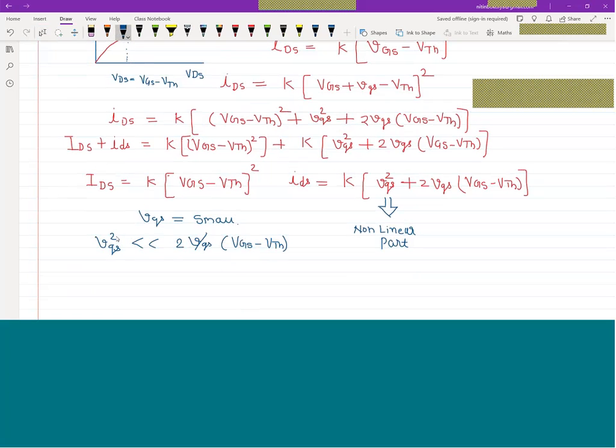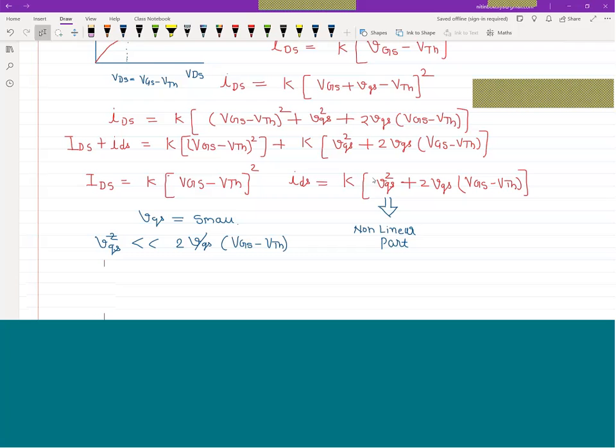Now we can cancel this. If this amplifier satisfies this condition, then I can say that this may work in the linear region, but yes, there will be a second harmonic distortion because you are neglecting VGS square. This is the idea.